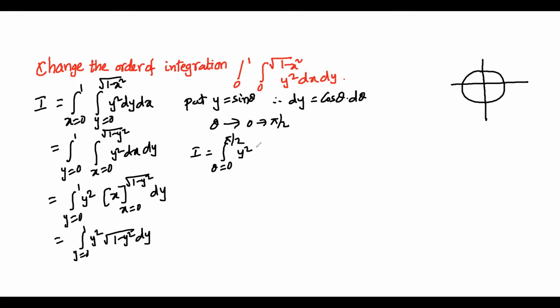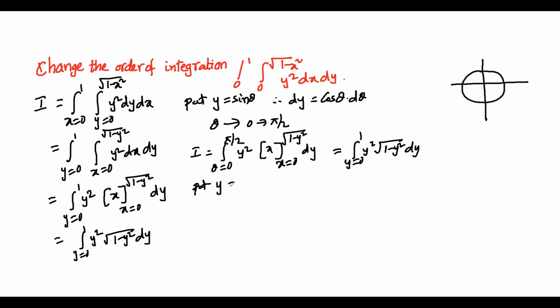y square, x is equal to 0 to square root of 1 minus y square dy. That is equal to integral y is equal to 0 to 1, y square root of 1 minus y square into dy.